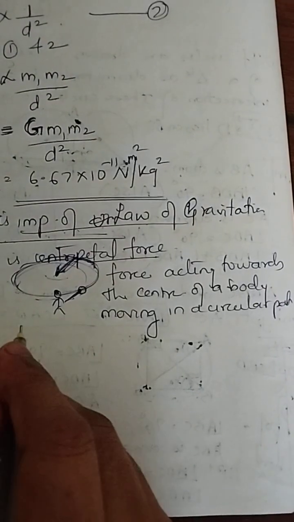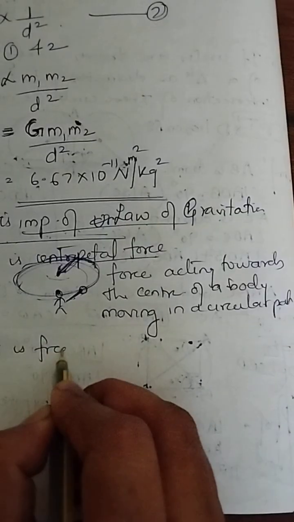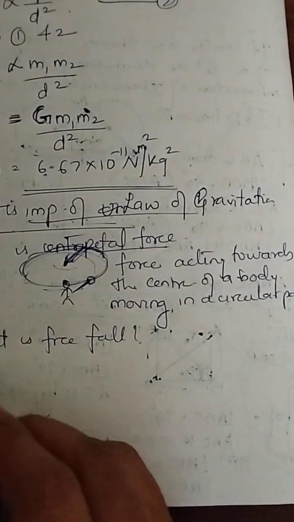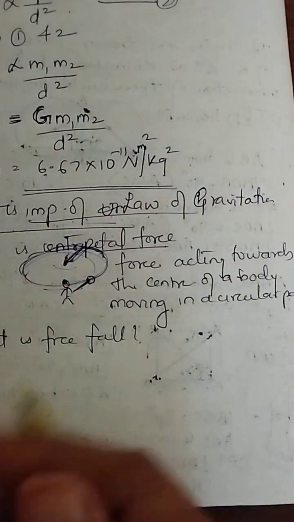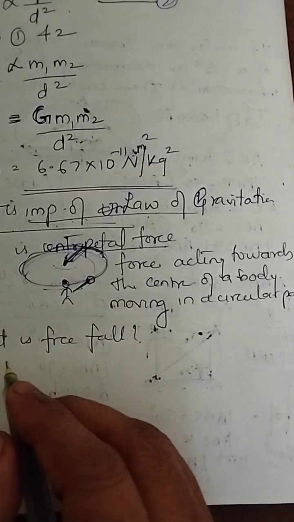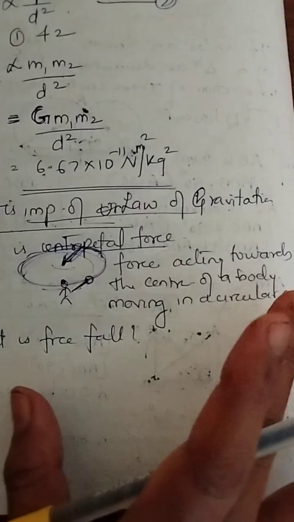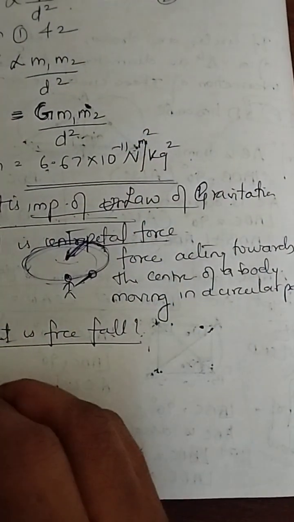What is free fall? Next question, what is free fall? Free fall is about objects which fall. If you throw an object from up, it will fall down very easily, isn't it? That means they are falling towards the earth because of the earth's gravitational force alone. They are called free falling objects. So what is free fall?